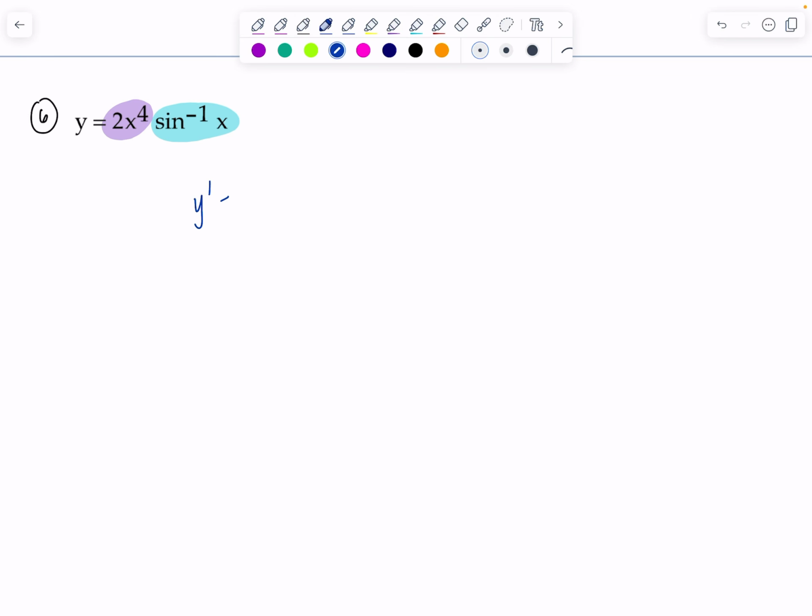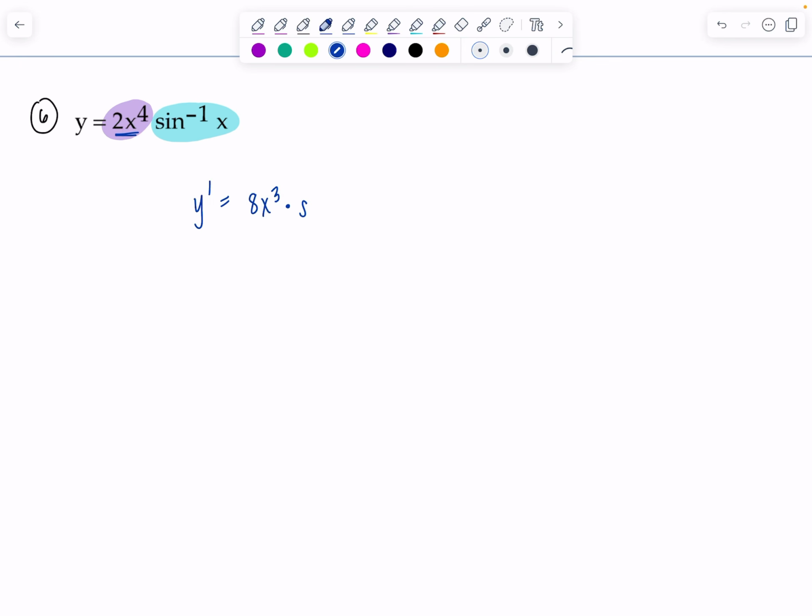So y prime equals, now there's a bunch of ways you might have learned the product rule. I just say each of the functions takes their turn having their derivative taken. So let's say 2x to the 4th, it's your turn. The derivative of 2x to the 4th would be 8x cubed. But it's not sine inverse's turn, one at a time.